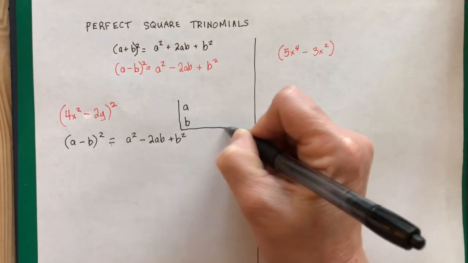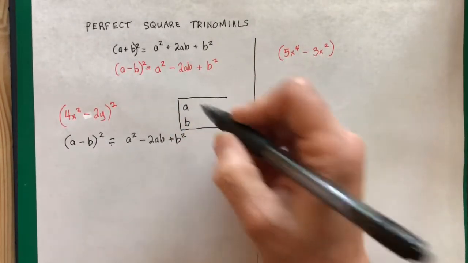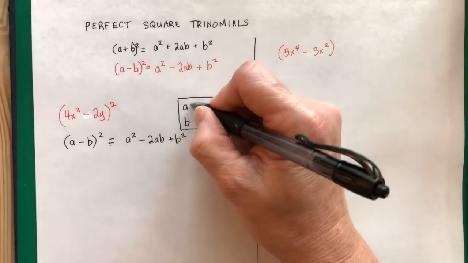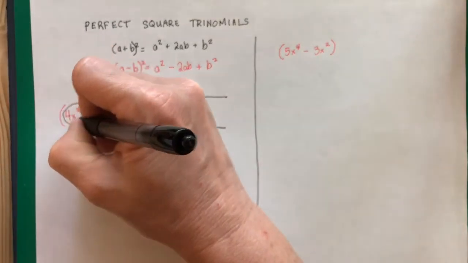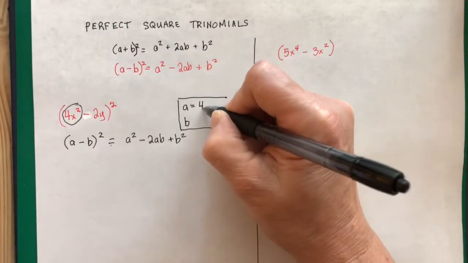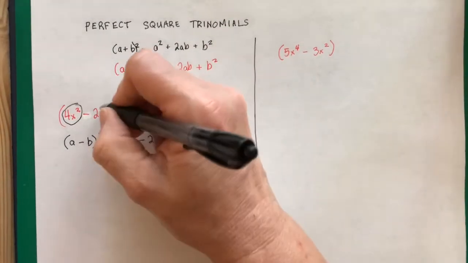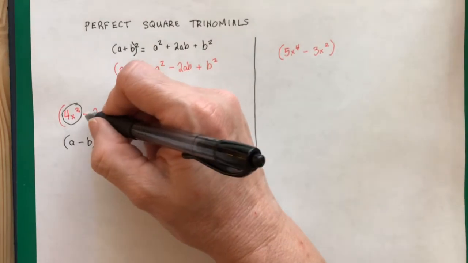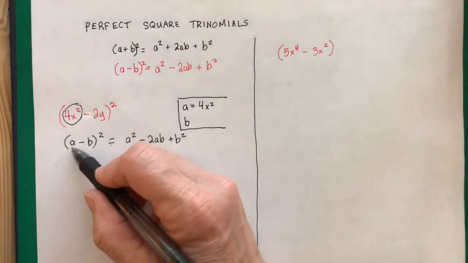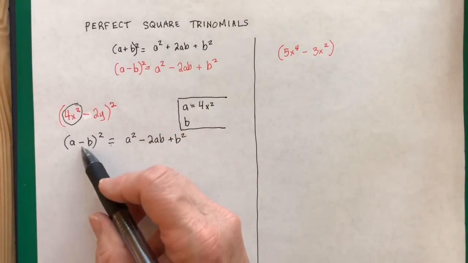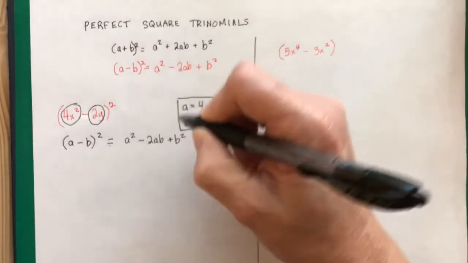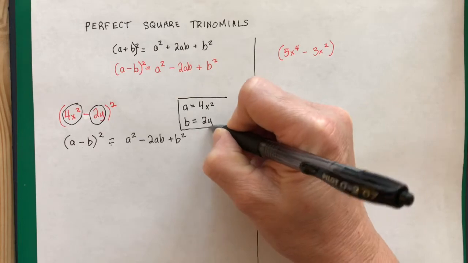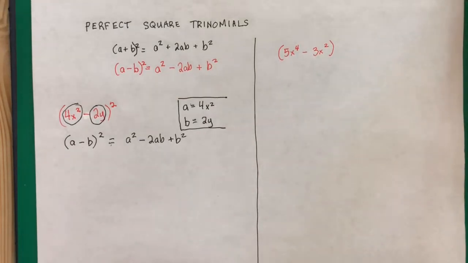And then I am going to write down my a and b values over here on the side. So a equals, that's this, 4x squared. And b, I don't put negative here because this is a minus b. I've already got the negative here. So I just put this part, 2y. The minus is part of your formula.